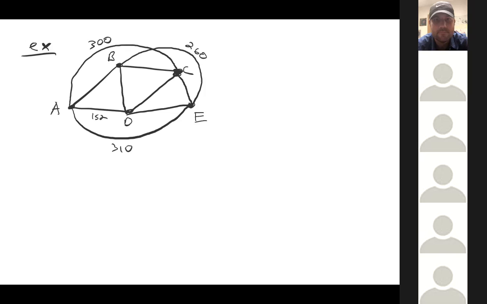This one is 154. This little one here is 138. This one is 120. This last one is 178. Okay, so what I want you to do is use this nearest neighbor method to find the approximate shortest route. Oh, I forgot one. My bad, sorry, my phone's going off. That one's 92.